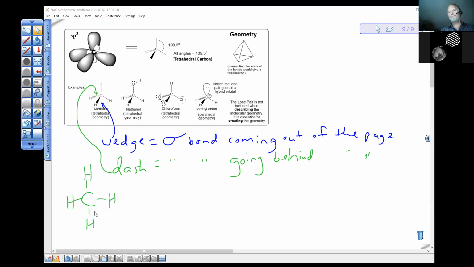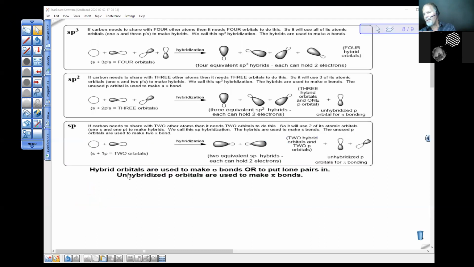Not bad. Okay. Now, I'm going to try to tell you why this oxygen here is also sp3. You've got to remember this big, bold sentence at the bottom over here. Hybrid orbitals are used to make sigma bonds or to put lone pairs in.